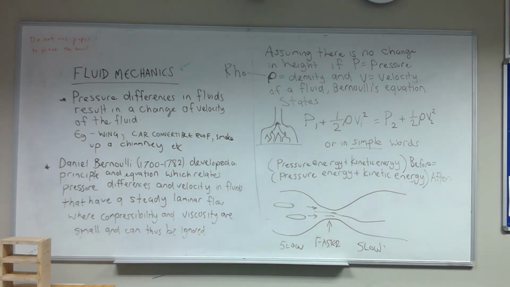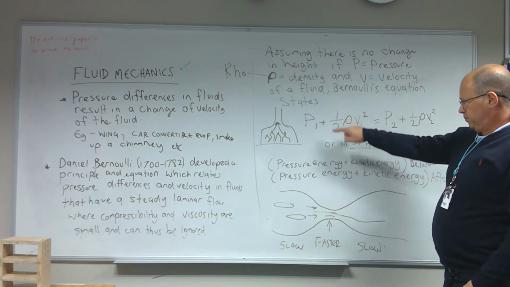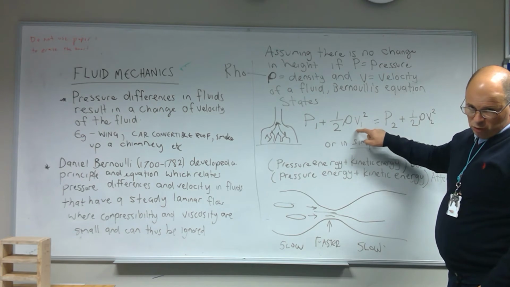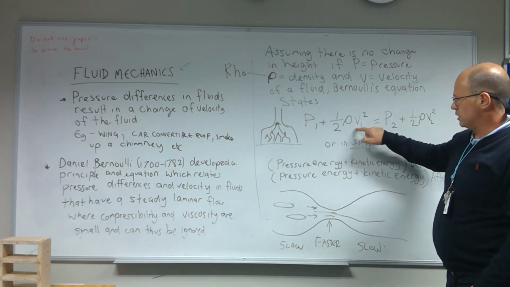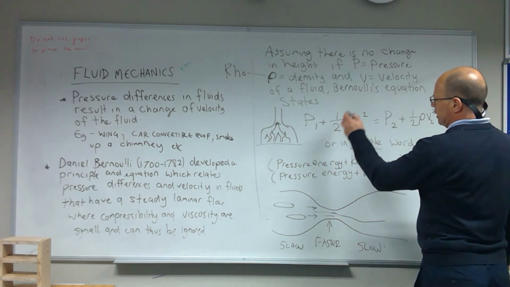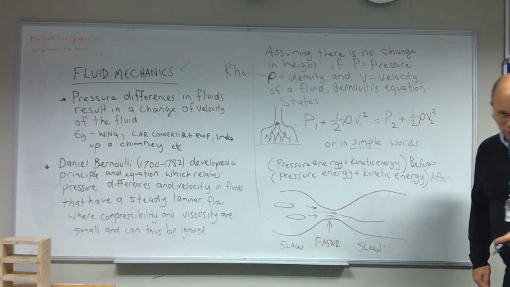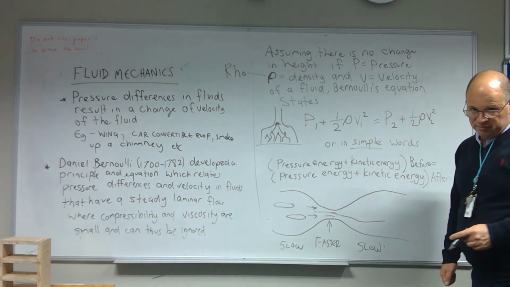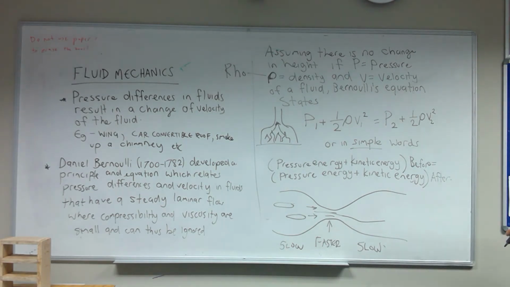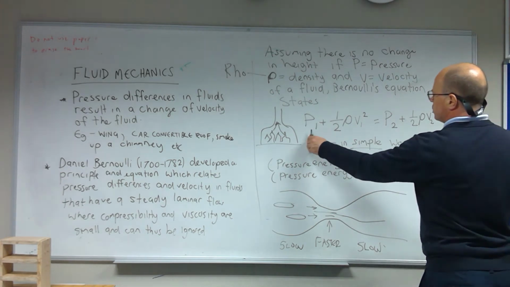Bernoulli's principle states pressure 1 plus, and this is the kinetic energy term, or you could look at it as dynamic pressure, half rho v squared. If you're a physics student, that might look familiar: half m v squared, kinetic energy. That's why it's of that form. So we've got pressure 1 plus that.